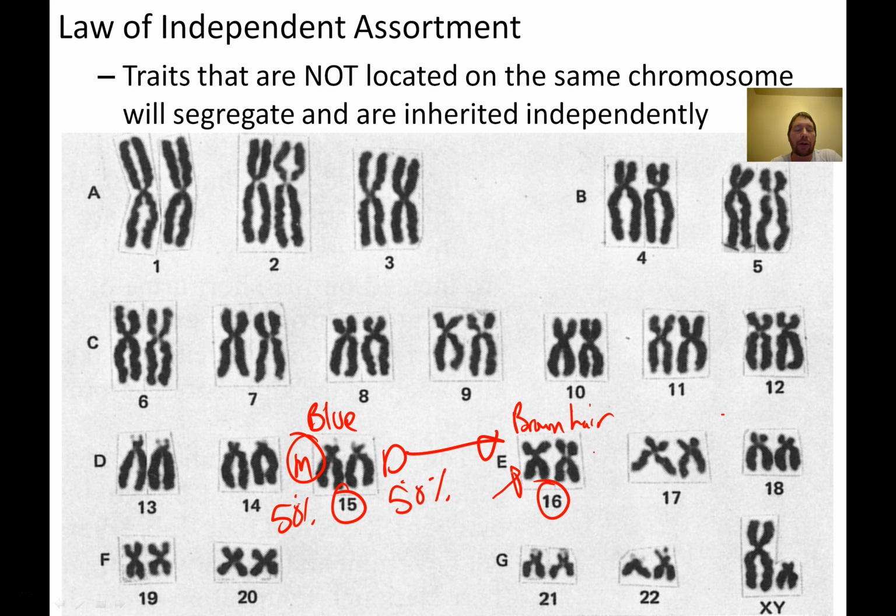Or it doesn't make you more or less likely to pass on the chromosome 16 you got from daddy. So, because these two traits are on two different chromosomes, whether or not you get the blue-eye gene has no effect whatsoever on if you get brown hair, because they are on different chromosomes and they're going to be passed on completely independent of each other.